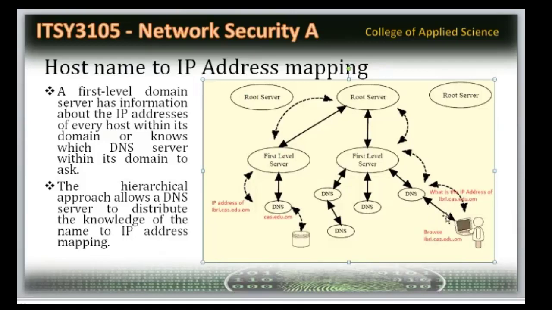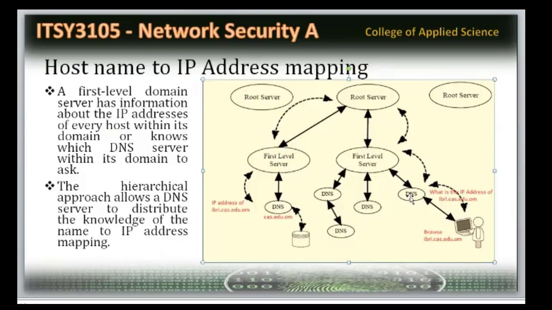Now your machine is going to communicate with the DNS machine, the local DNS. Local DNS means it will be available inside your college, or sometimes it may be available in the cache memory of your machine. So I'm going to communicate with the local DNS, which for us is our college's local DNS.